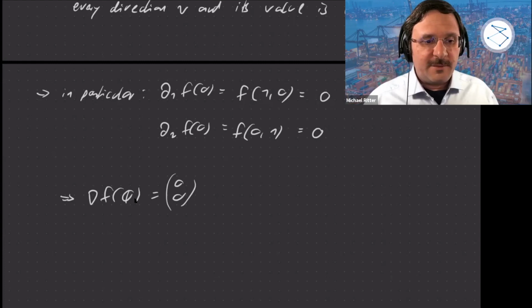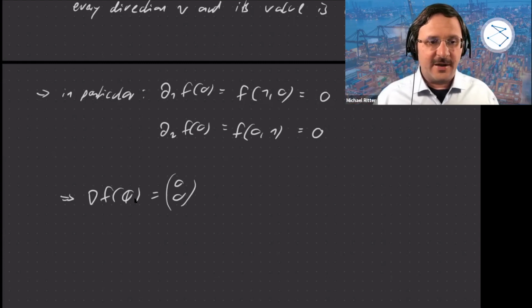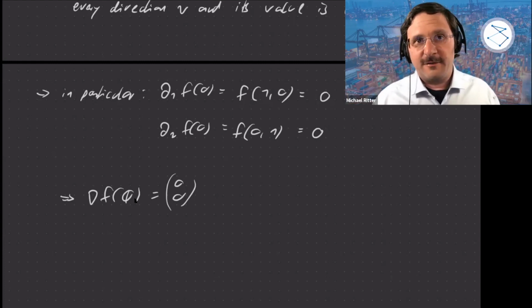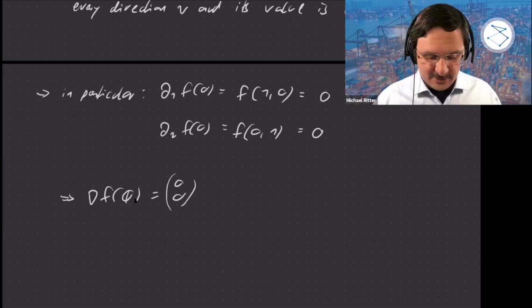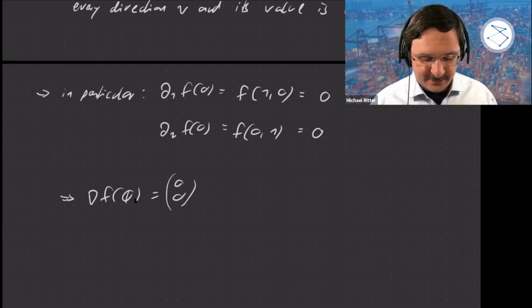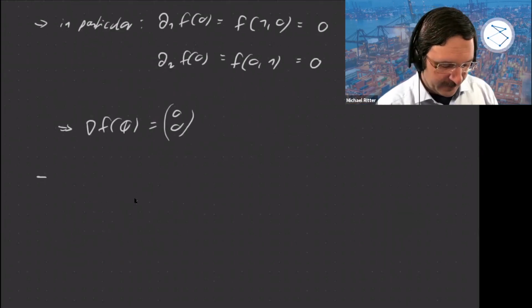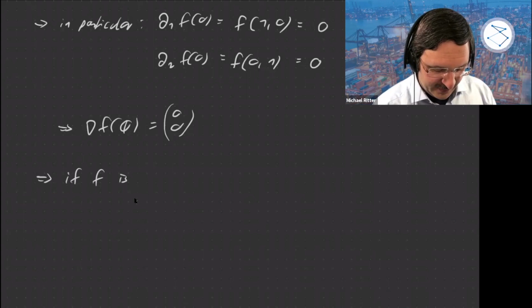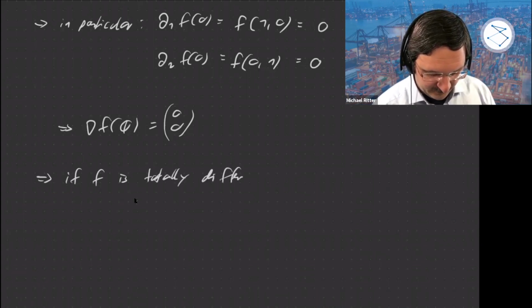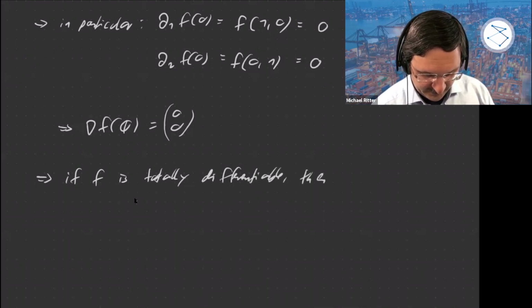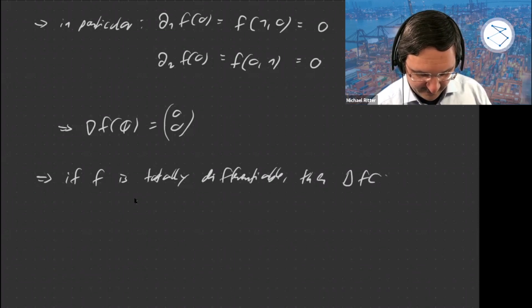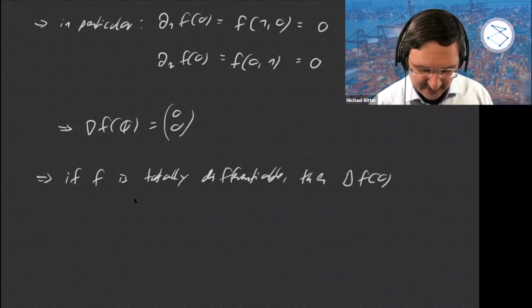And that means the only possible candidate for a total differential, if f was totally differentiable, would be this 0, 0 vector, right? So that means if f is in fact totally differentiable, then df, the total differential at 0, would also have to be this vector.